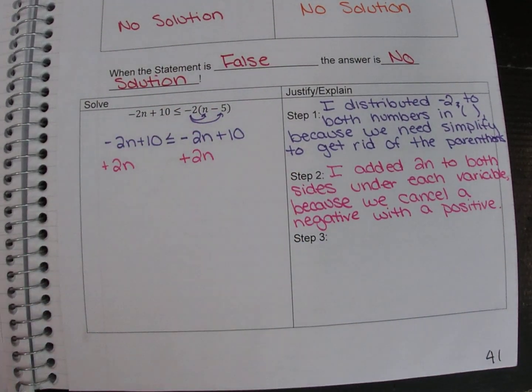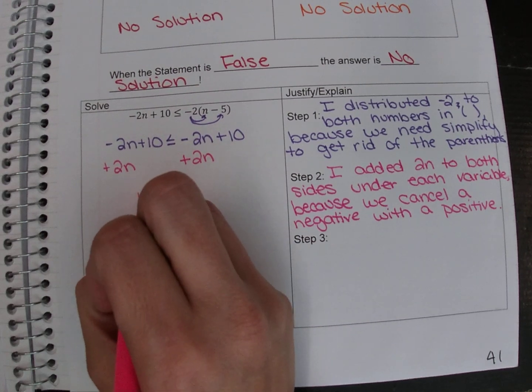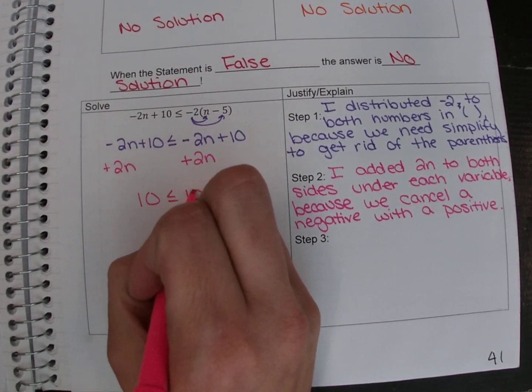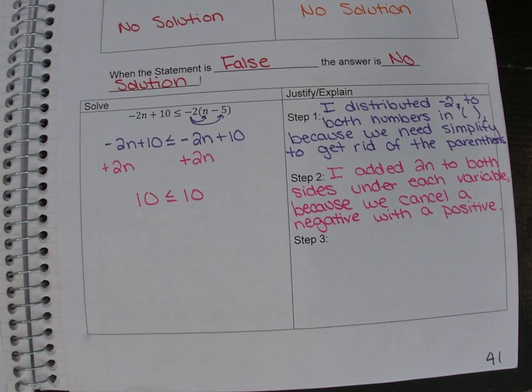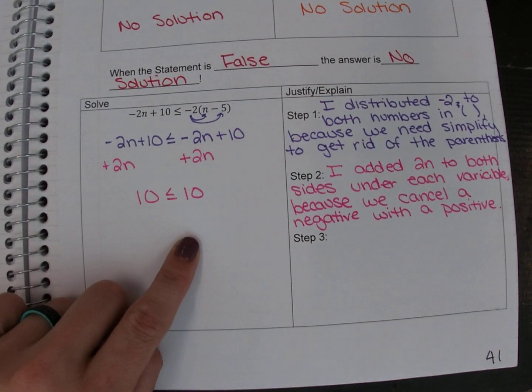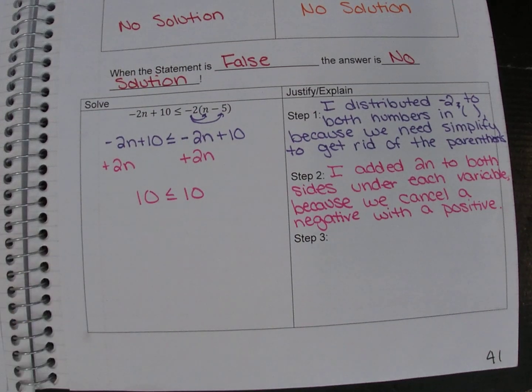Okay, but now in this situation, when we bring this down, our 2's actually end up canceling on both sides. So we get 10 is less than or equal to 10. Is that a true statement or is that a false statement? Well, this is true.